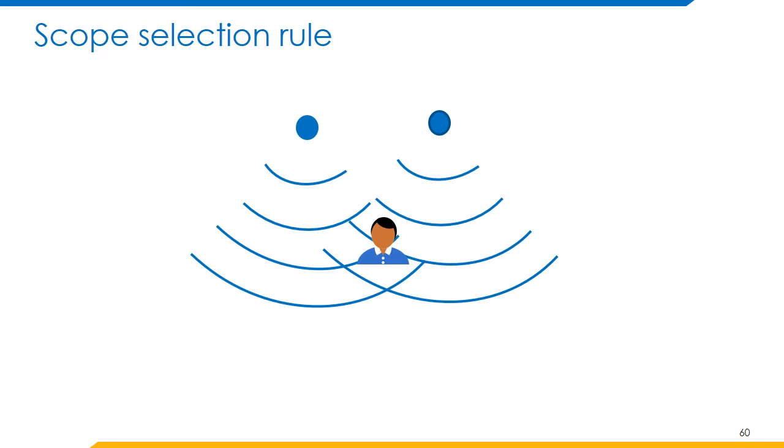The inputs to this rule are the identity under consideration, scope correlation attribute name, scope correlation attribute value, and candidate scopes, which are the scopes list evaluated by the scope correlation rule as discussed. This rule returns a scope which shall be the final scope of an identity.